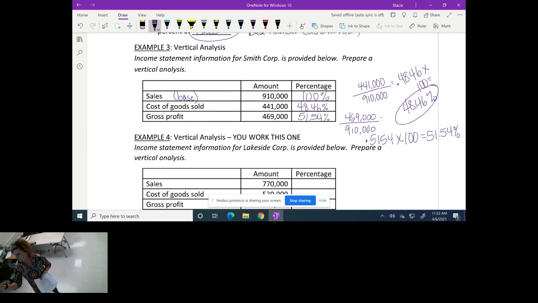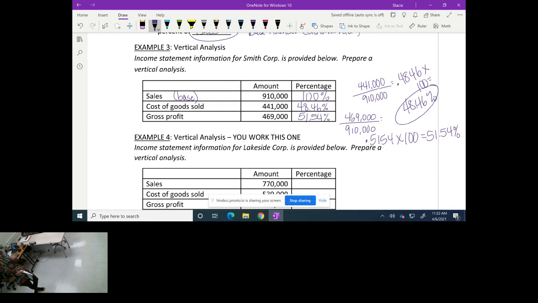I think that's merchandising. That's accounting one, never mind. This gross profit percentage number is going to be a big deal for a merchandising company, because it relates to markup. How much are you marking up your product cost for your sales?